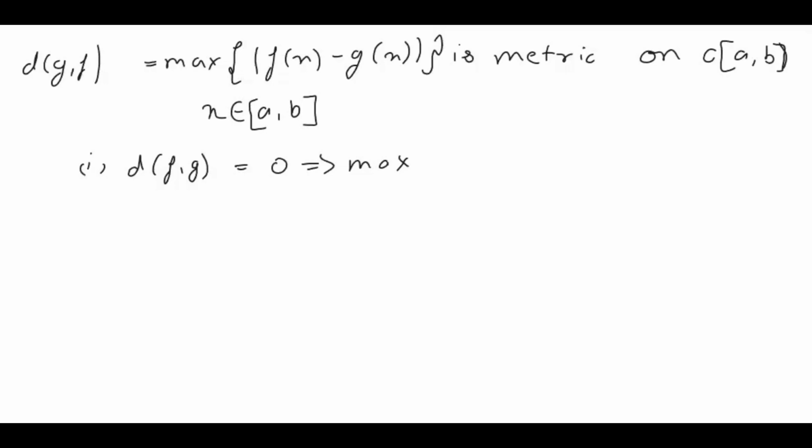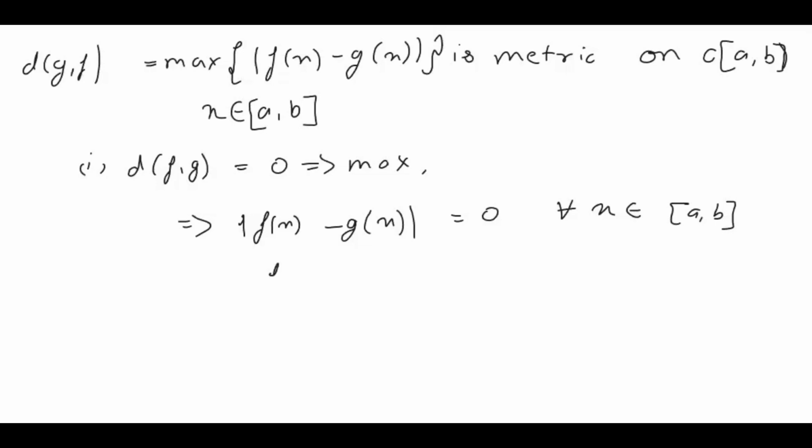So from here we are assuming that |f(x) - g(x)| is equal to 0 for all x belongs to [a, b].